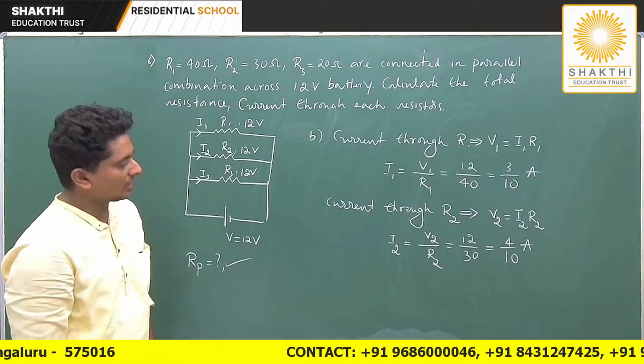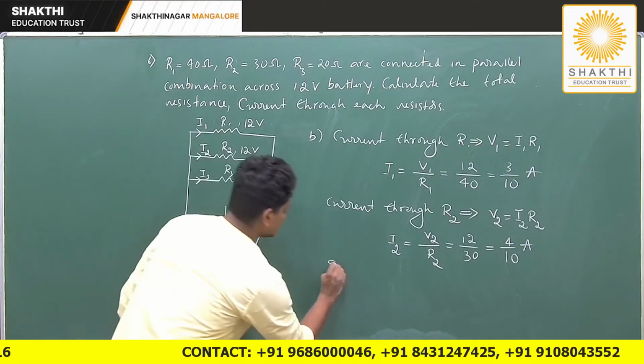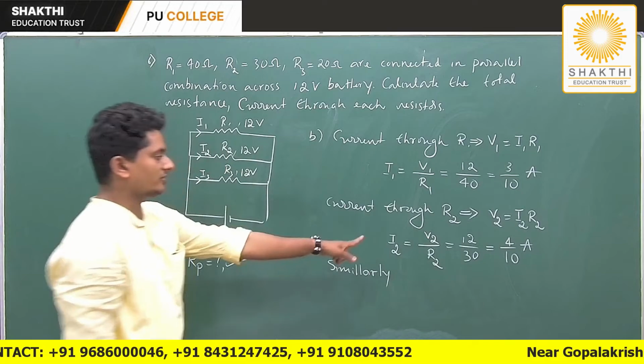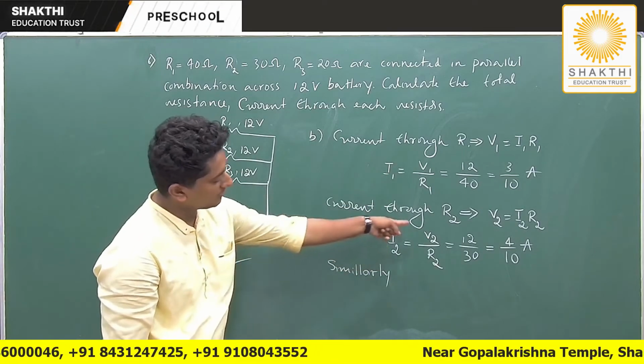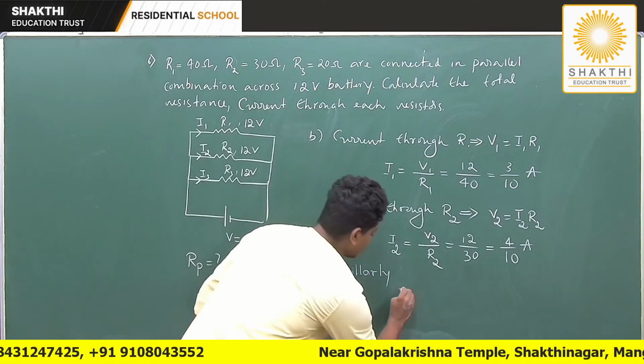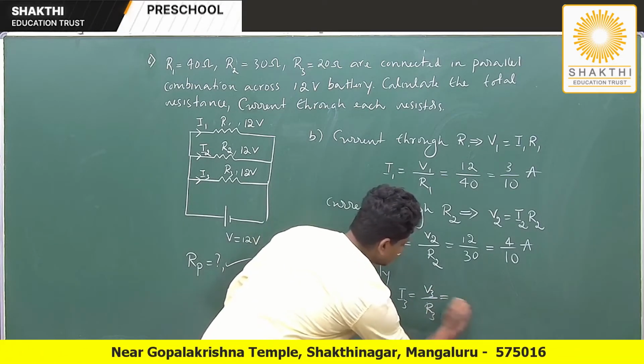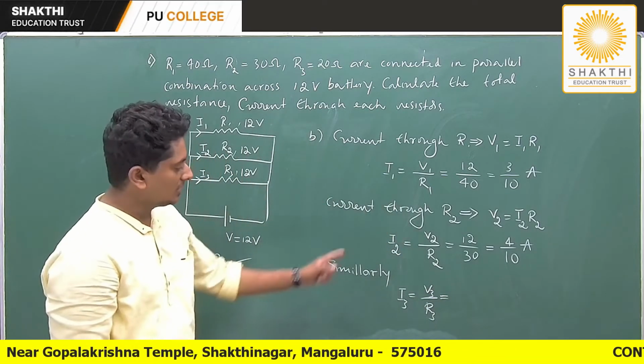Okay. Similarly, you can find out I3. I1 is V1 by R1, I2 is V2 by R2. What will be I3? I3 will be V3 by R3.